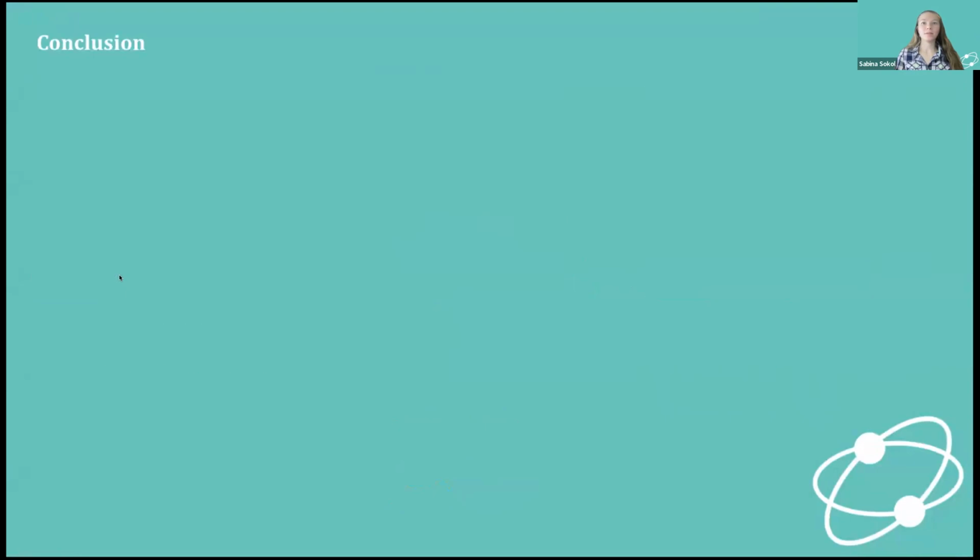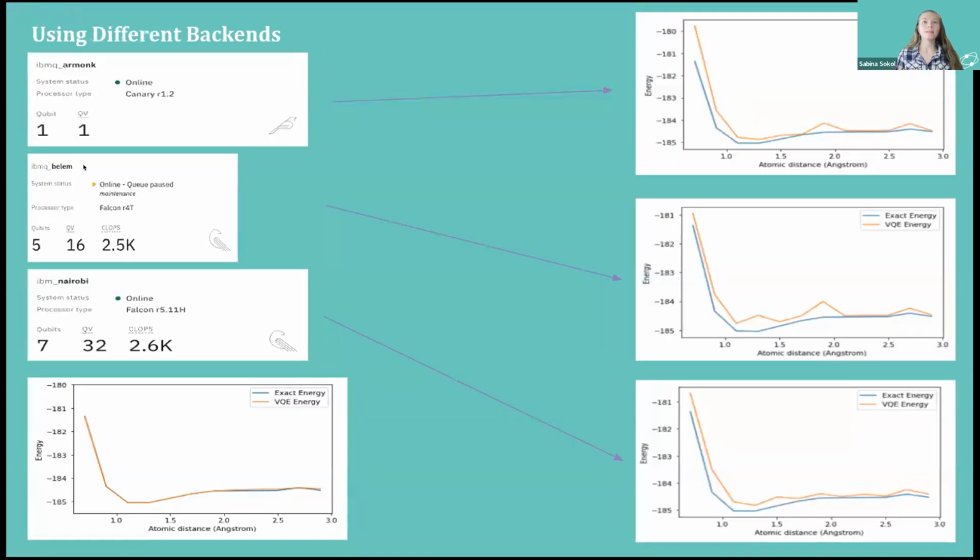Let's say I want to simulate the quantum computer IBM Q Bellem, a 5-qubit quantum computer. I can run it on the QASM simulator and tell it, using Qiskit, that I want to simulate it as if I'm running it on the actual IBM Q Bellem.